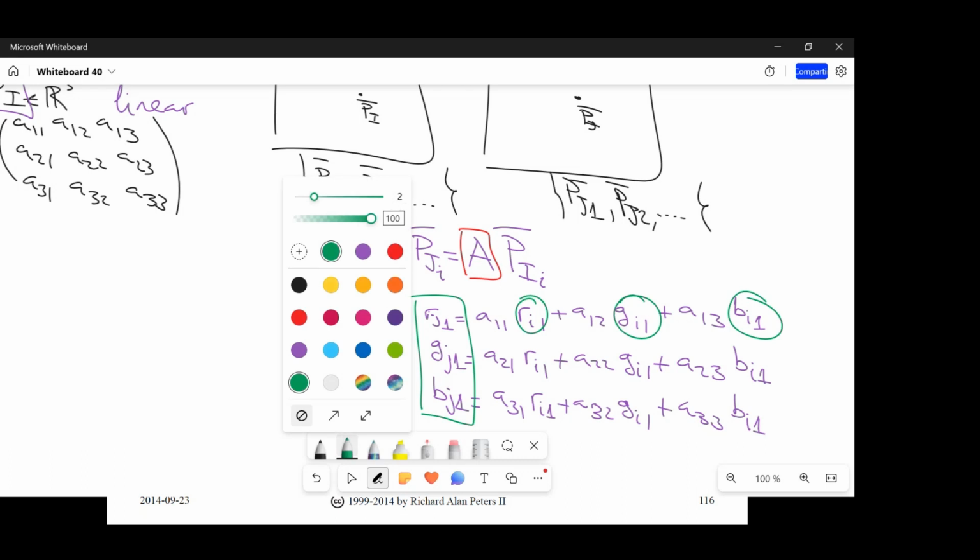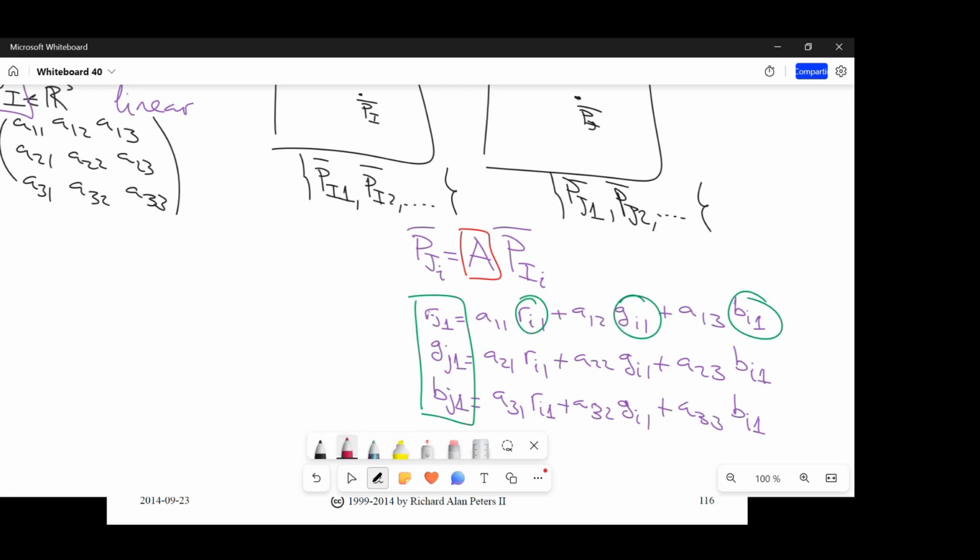I want to find the A matrix, so my unknowns are these coefficients. We have 9 unknowns and 3 equations. So if you want to fully specify this matrix, you at least need to give me three color pairs.